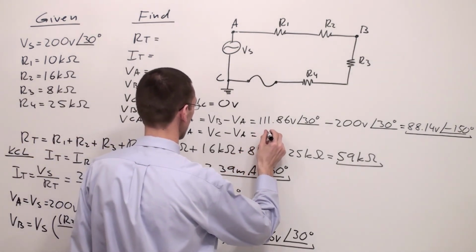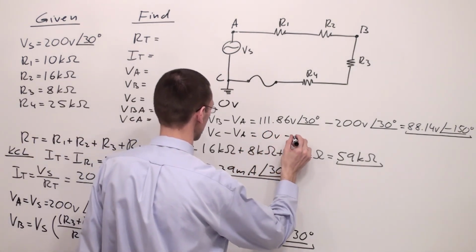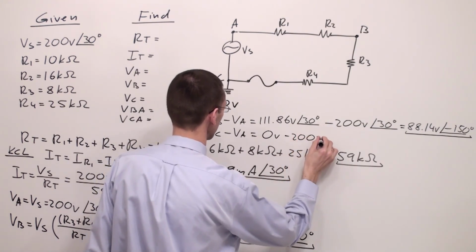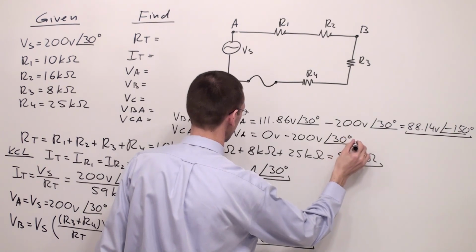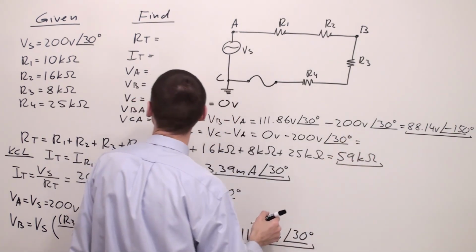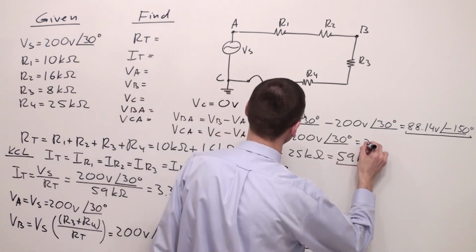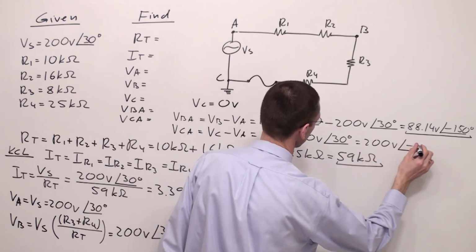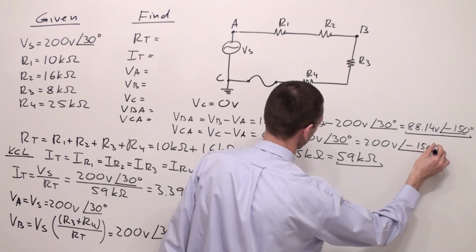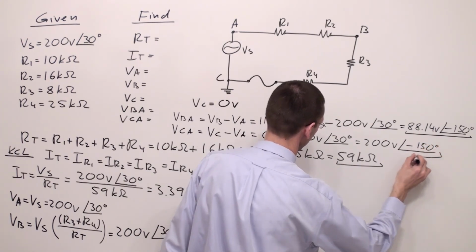So VCA is equal to 0 minus 200 volts and angle of 30 degrees. This is equal to 200 volts and angle of negative 150 degrees.